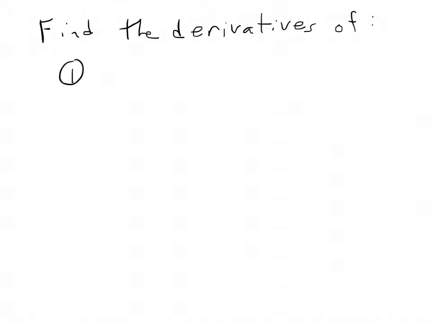The first one, so what if I give you the function f of x is e to the x squared minus 3? So in some sense, this function is like e to the x, but it's e to the, not just x, e to the x squared minus 3. I hope you guys clearly see that this is a chain rule problem.